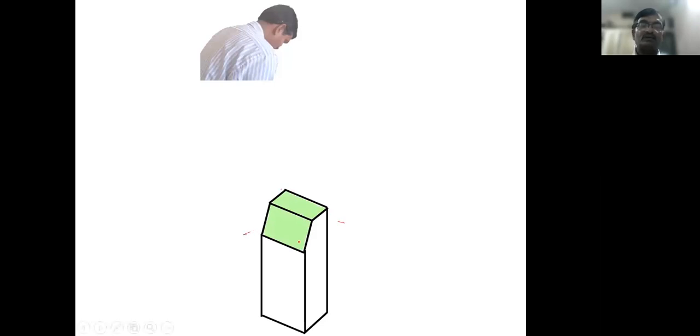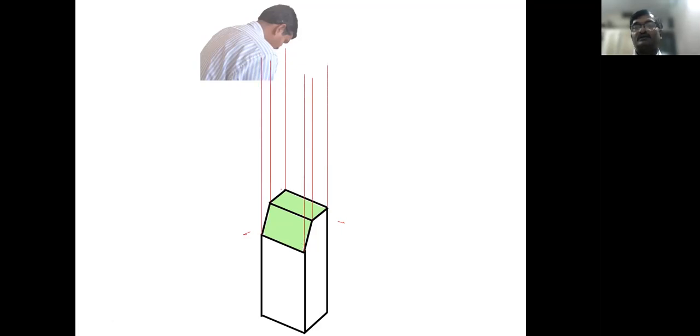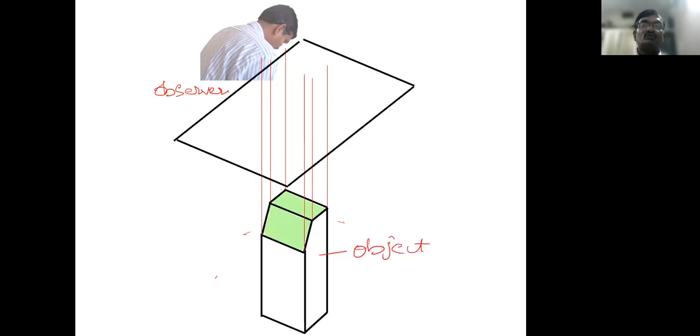From the corners, the rays are thrown forward. Here is the observer and the object, and in between we have to introduce one transparent plane, the plane of projection.